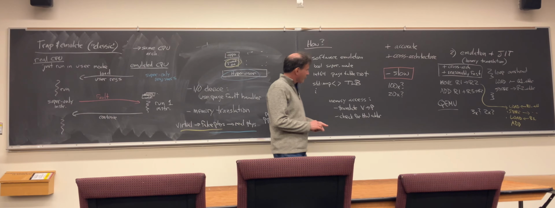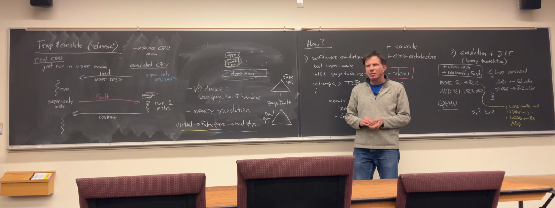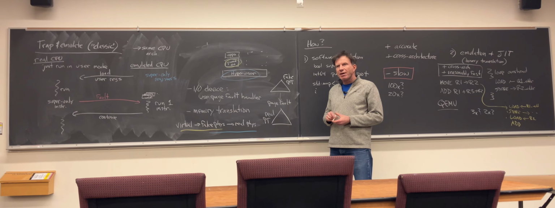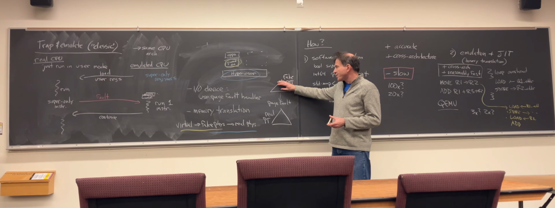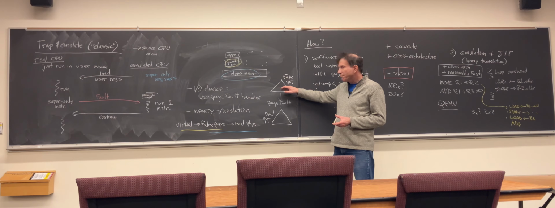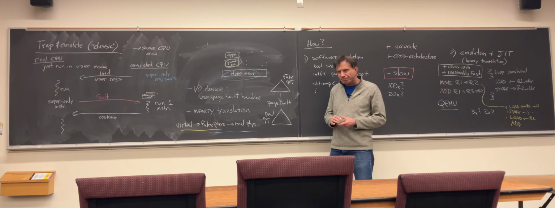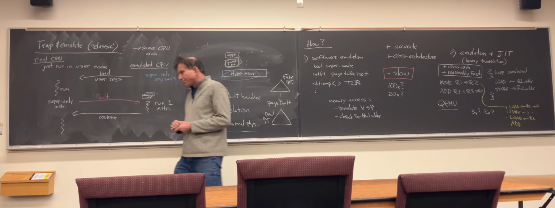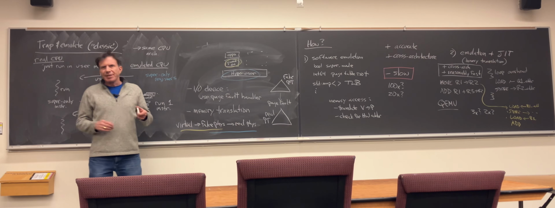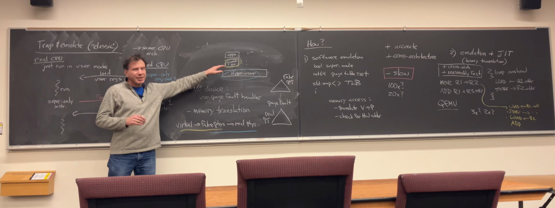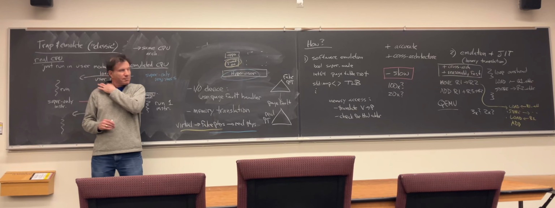And then when the hypervisor gets a page fault, it looks in the fake page table, and if it turns out that the guest OS thinks that it's already mapped that page, it takes the mapping from here, applies this mapping in software, and installs it into the real page table. If it's not there in the fake page table, then it's a true page fault, and so the hypervisor will just call the emulated OS's page fault handler, like real hardware would.